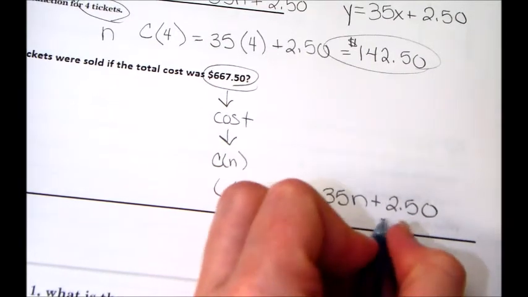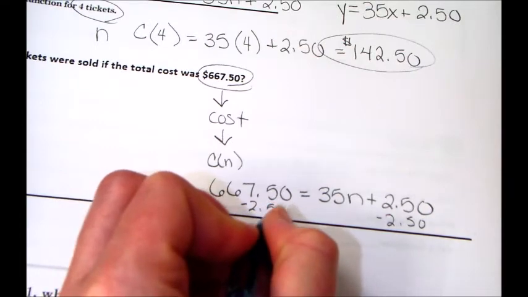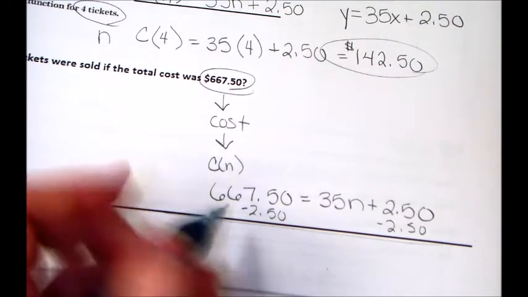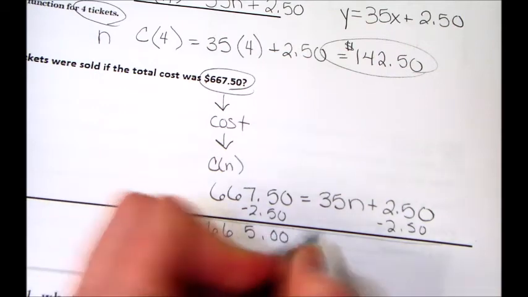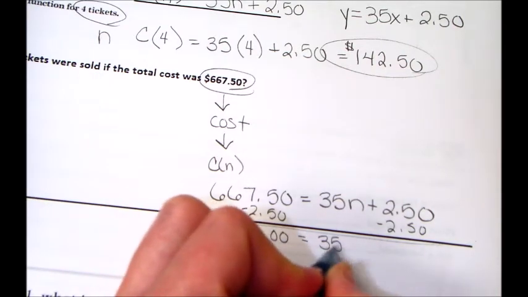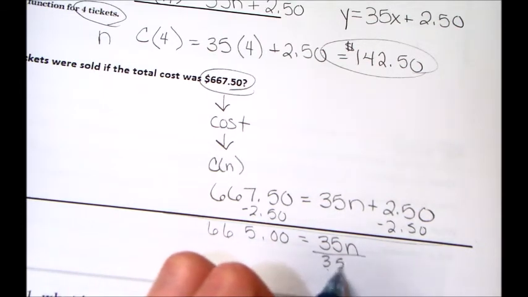Minus 2.50, so that would be 665.00 equals 35n, and divide each side by 35.